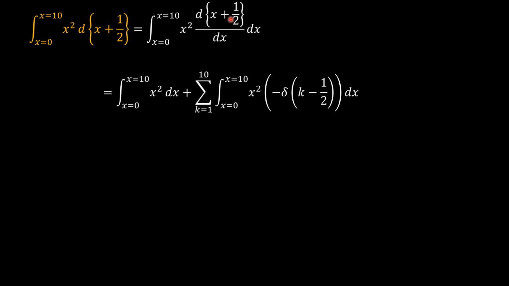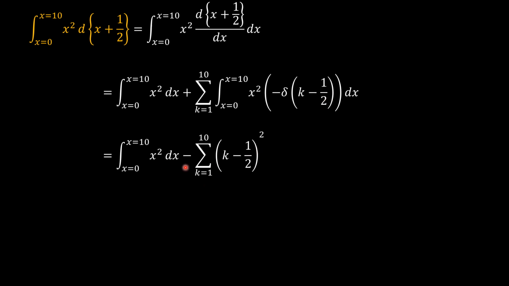But when we integrate across that function, we're just going to get this value squared. Then we sum it, because those instantaneous changes in this gradient show up at the 10 different positions.